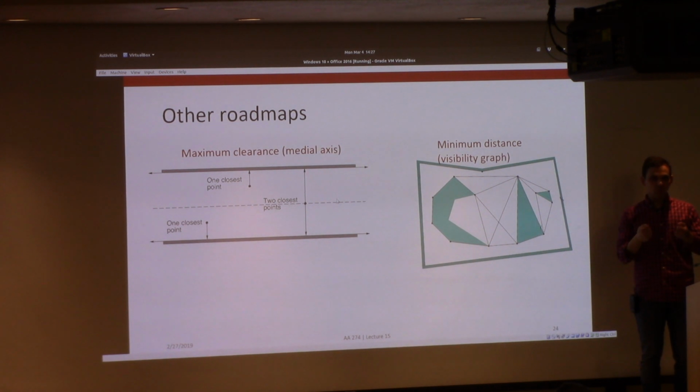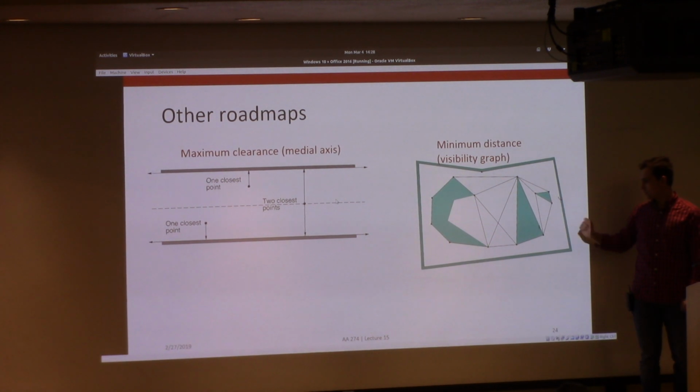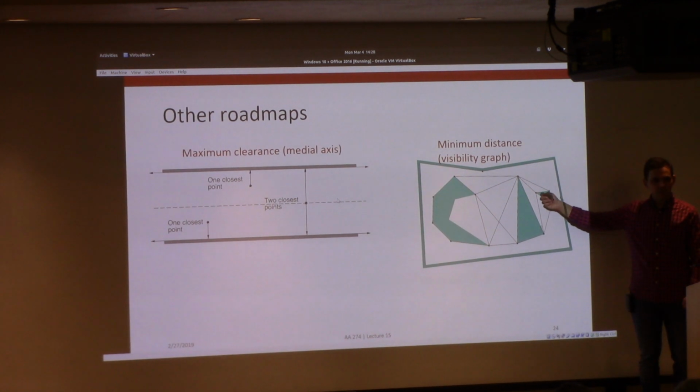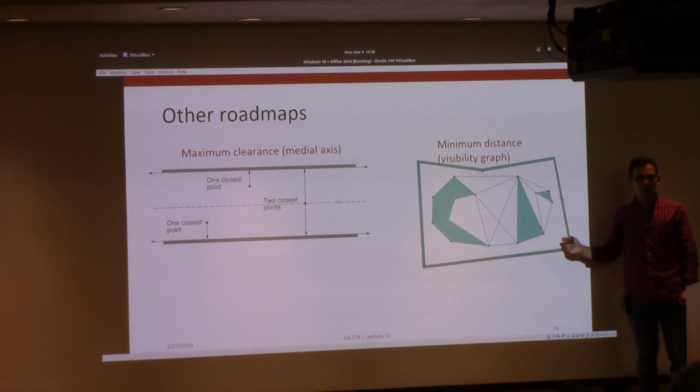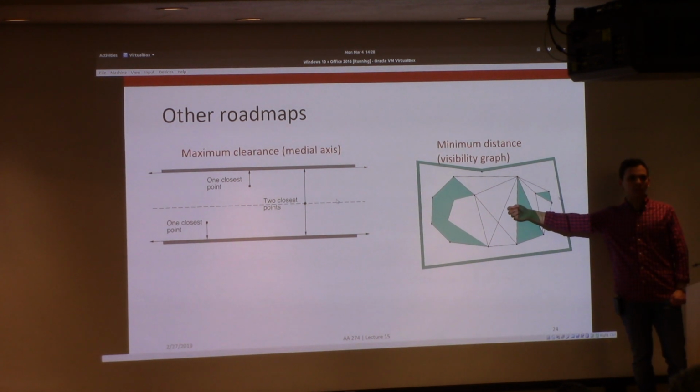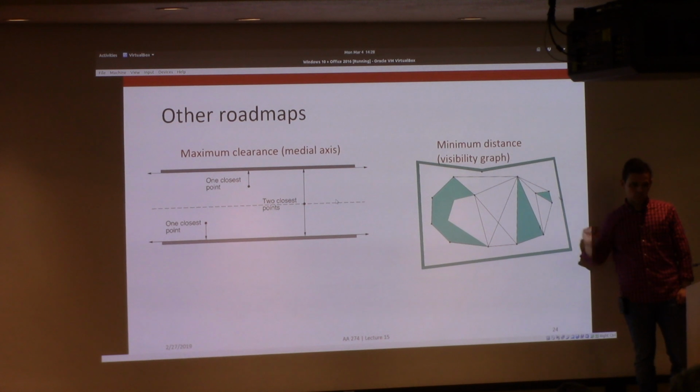Okay, but we still need to connect to this graph in some way the goal and the start vertices. How would we do that? We'll do something similar to what we did before. We will take our start vertex and try to connect it to any other vertex in the forbidden region as we did when constructing this graph. Okay?